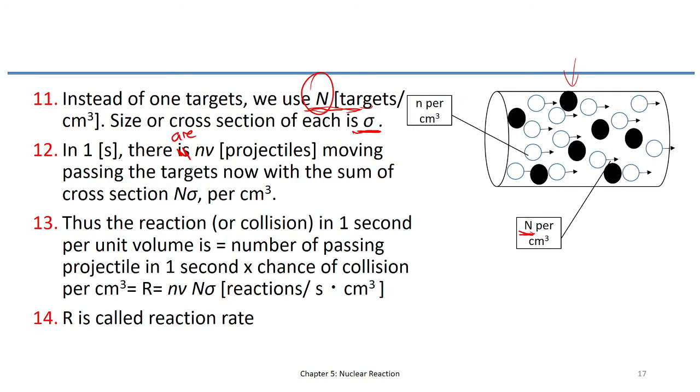Instead of one target nucleus, now we have capital N nuclei per unit volume, because one nucleus contributes sigma. So in the unit volume, we have a total of capital N sigma cross section.